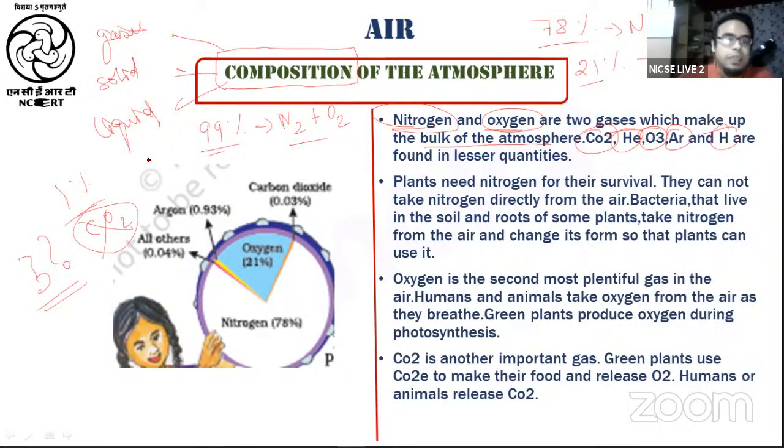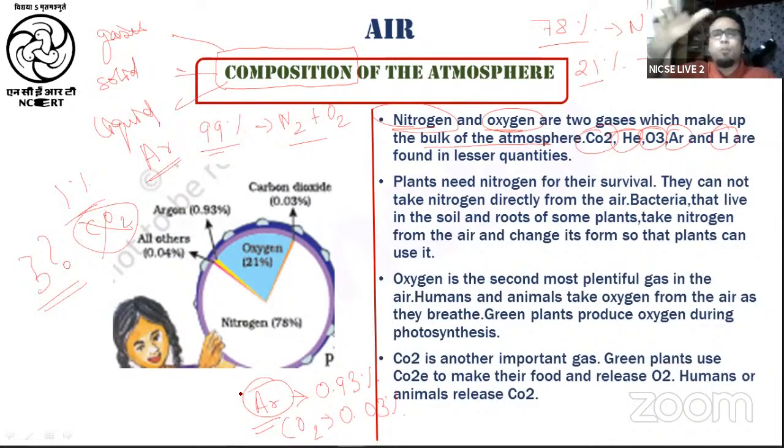Your correct answer here is argon, because argon in terms of percentage occupies 0.93%, whereas on the other hand carbon dioxide occupies 0.03%. So which one is more? Argon is more. So after nitrogen and oxygen, the third largest gaseous composition of the atmosphere is argon and it is not carbon dioxide.